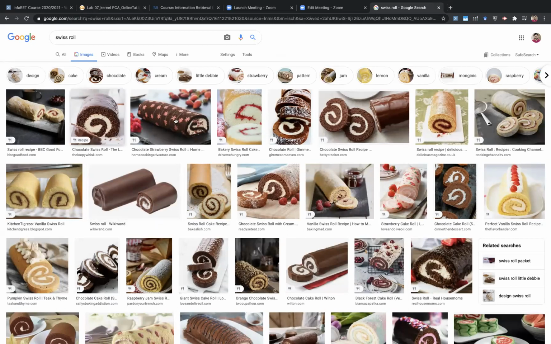There are different flavors of it. But the point is, we're not talking here about the dish Swiss roll. There is one very beautiful pattern here, a chocolate pattern and a white vanilla pattern, and you can see this pattern here and here and here.